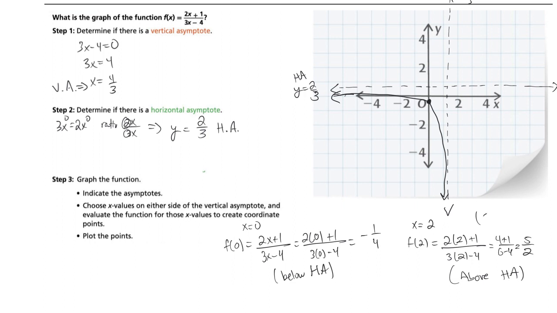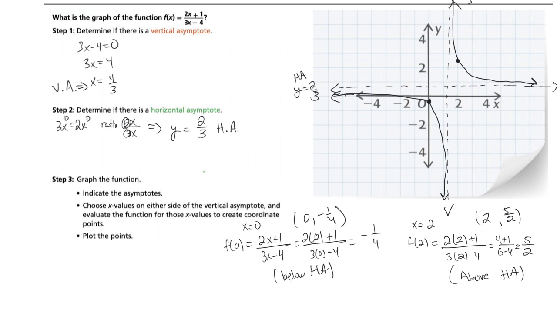The last one we plotted, I'll just write the point, was 0, negative 1/4. So 2 and then 5/2, which is 2.5. Here's a point here, and we can make the curve so it approaches each dotted line. Okay, so that's how we make our rough sketch.